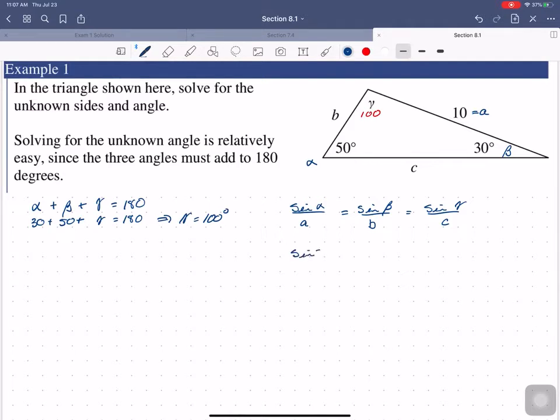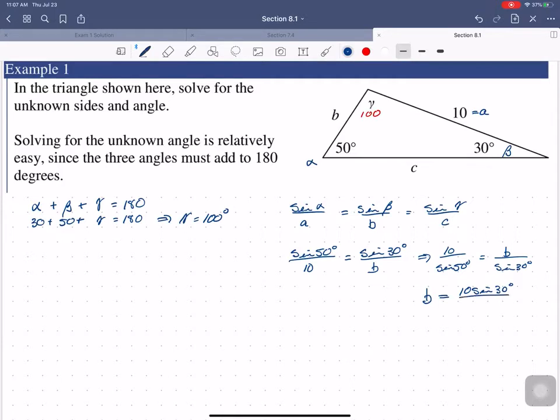So the sine of 50 degrees divided by 10 is equal to, and I know beta, the sine of 30 degrees divided by B. Let's turn this equation upside down. So I've got 10 over sine 50 degrees equals B over sine 30 degrees. Multiply through by sine 30 degrees, so we get B equals 10 sine 30 degrees divided by sine 50 degrees.